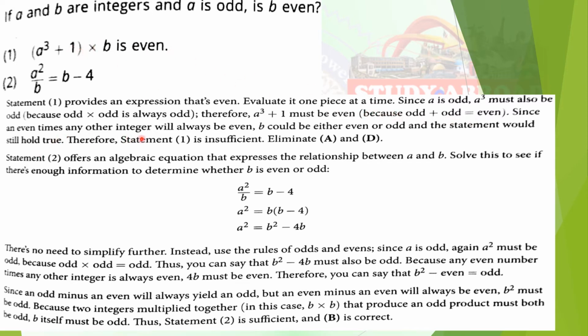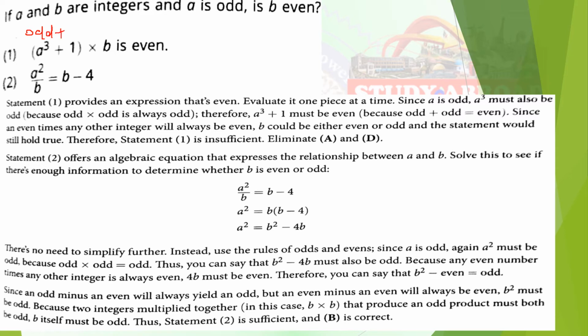So from the first statement, A is already odd, and odd into odd is always odd.